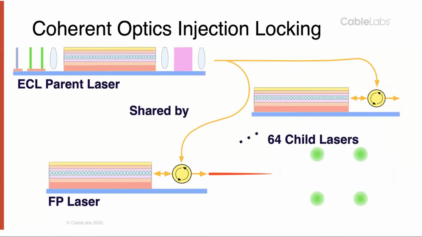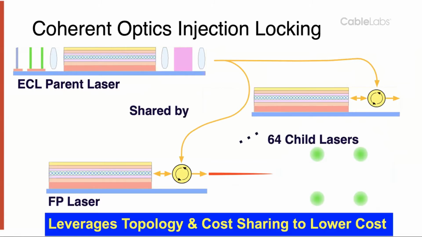The signal that comes out of a parent laser can be shared by 64 child lasers. And by sharing this expensive laser, you lower the cost. This is very suitable for the type of topologies that we have in cable, where you have the hub location from which you have many fibers going in multiple directions. So we're taking advantage of topology for this type of technology.